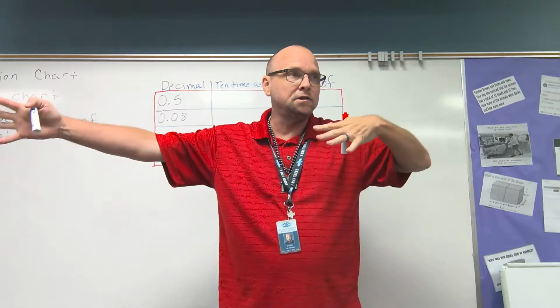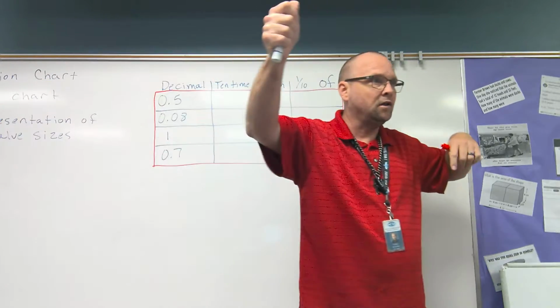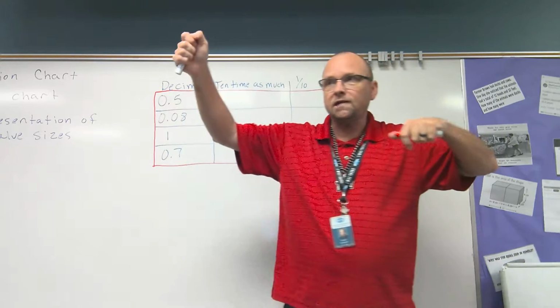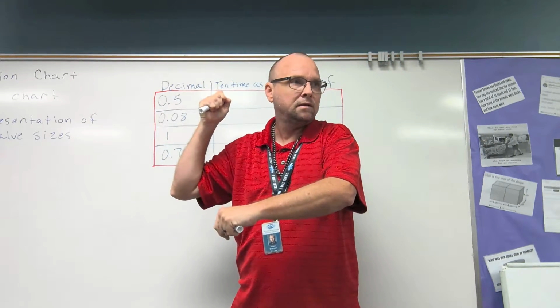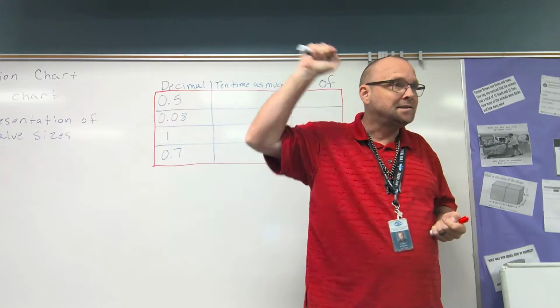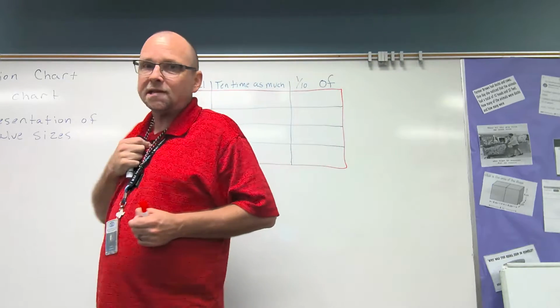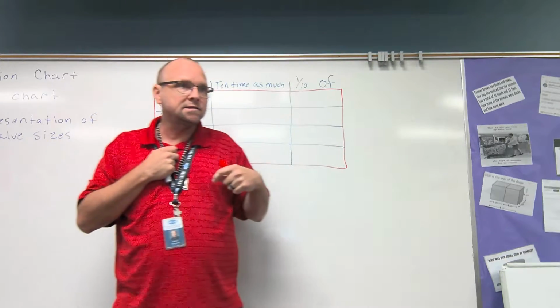Greater than. So if I have $1 and Grace has 10 times as much as me, she's got more money than me. If Grace has $10 and I have 1/10 of what Grace has, do I have more or less?